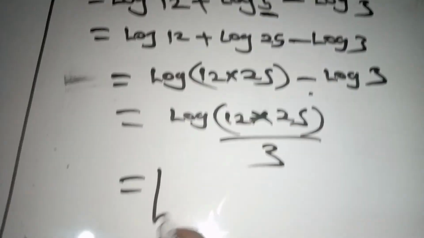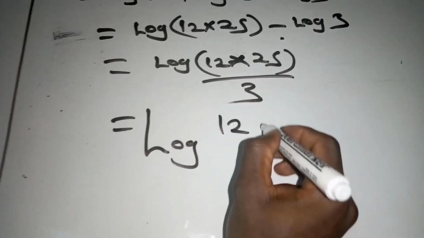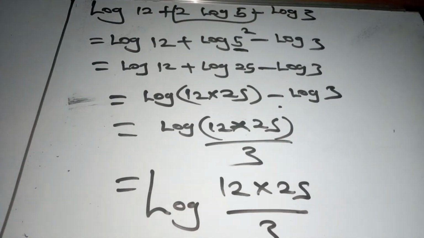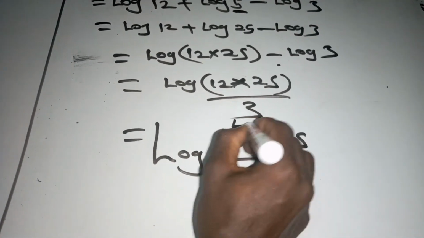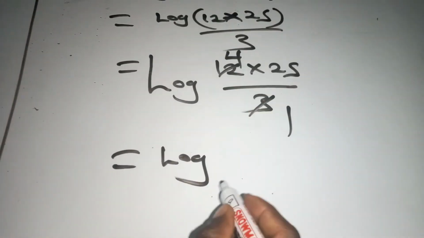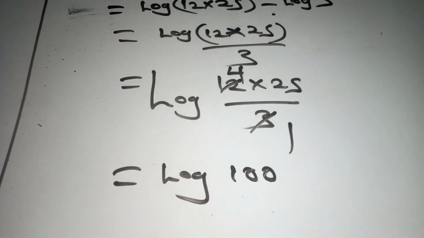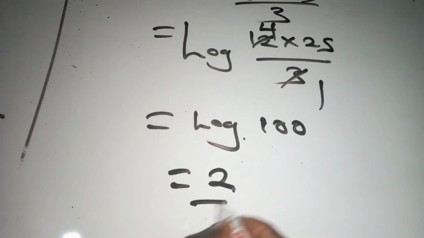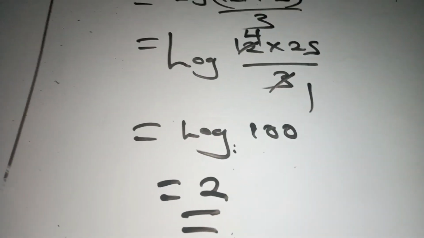So this will give us log of 12 times 25 over 3. So this will cancel, this will be 4. So log of 4 times 25 will be 100. And we know log 100 is equivalent to 2, because this is base 10. So there you have it.